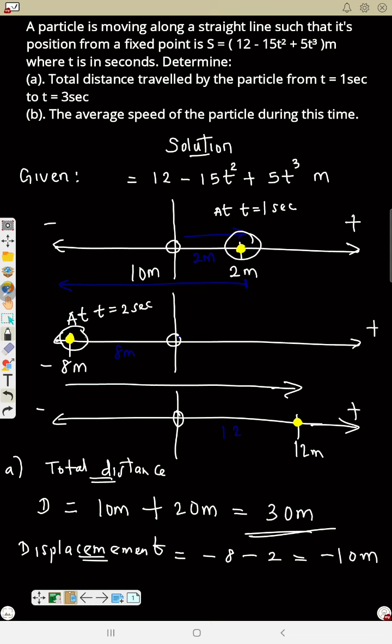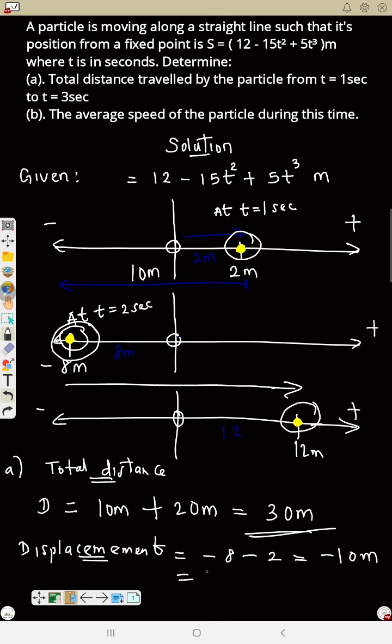Now from here again, the particle is at -8 position and here is 12. So from here, this is now initial position again, while here is final position.